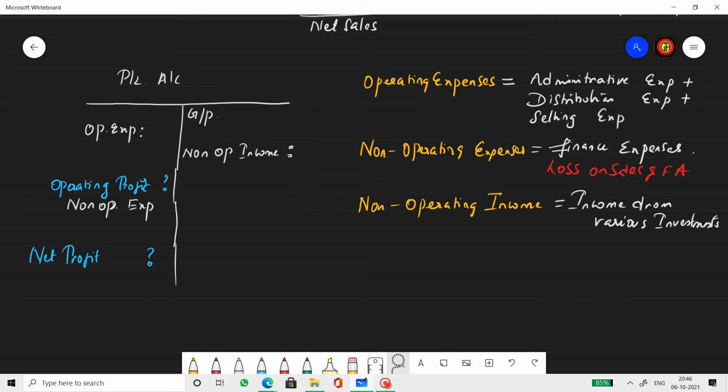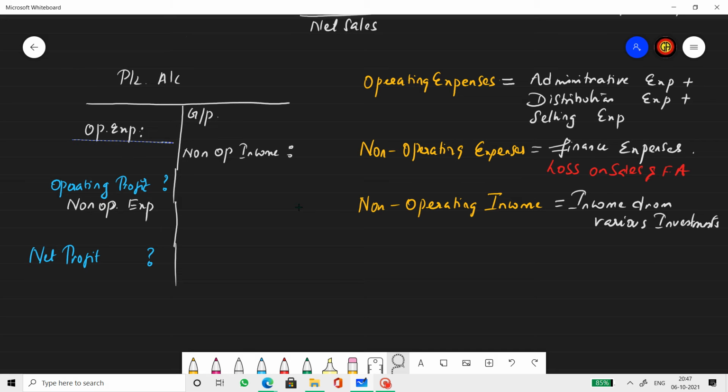Gross profit is given to us. Operating expenses, we know what all will come under. Gross profit less operating expenses will give you operating profit. So there are two ways to find operating profit.